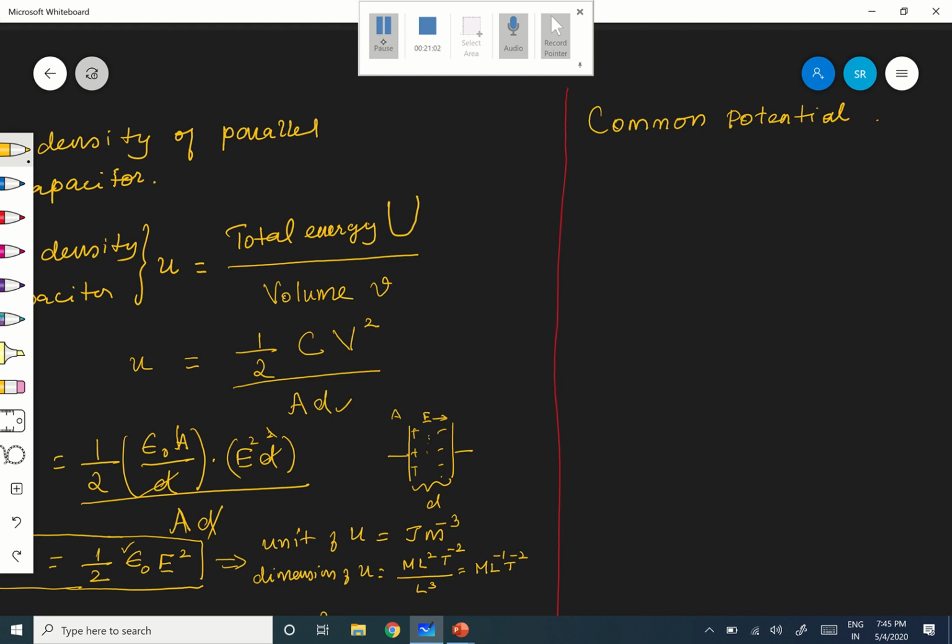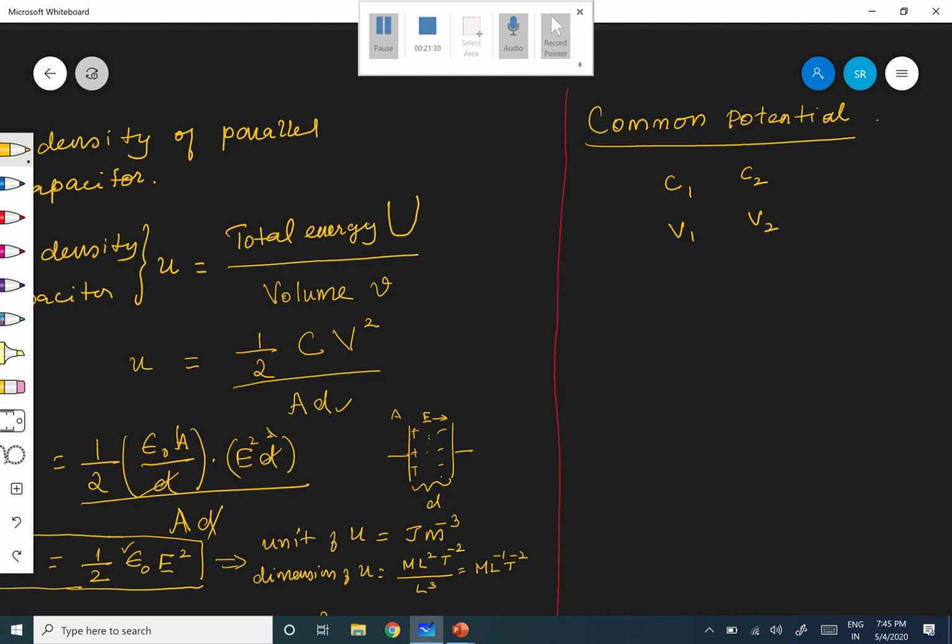For example, I have two capacitors having capacitance C1 and C2, and I'm charging them to different potentials, let it be V1 and V2. Now what am I doing?